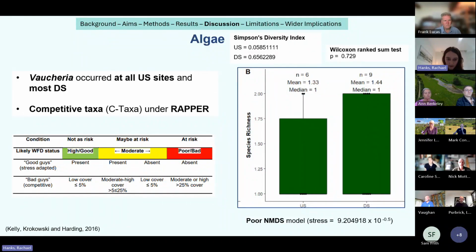This little table you see in the bottom left is directly from the RAPA original paper from 2016. If you analyse the percentage coverage of C taxa and S taxa, good guys and bad guys, that can tell you how at risk the river or stream can be classified as with regard to an algal bloom.